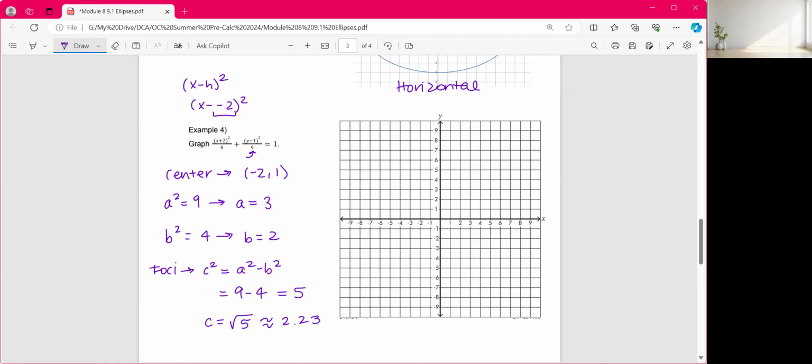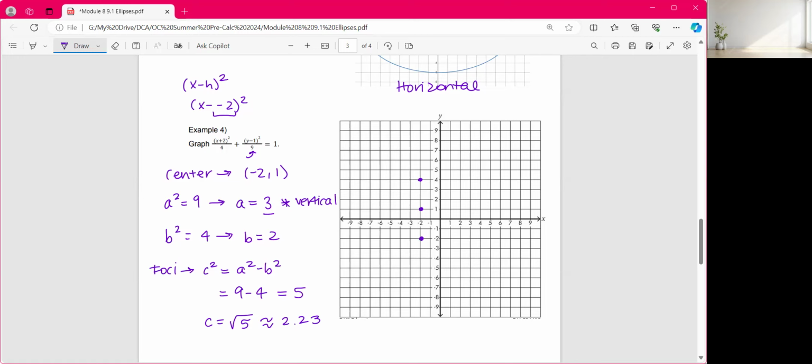So I can start with the center at -2, 1. Because that a squared was second, I know this is going to be a vertical ellipse, so my major axis is vertical. My a, 3, is the distance from the center to the vertex, so I'm going to go up 3 units and then down 3 units.